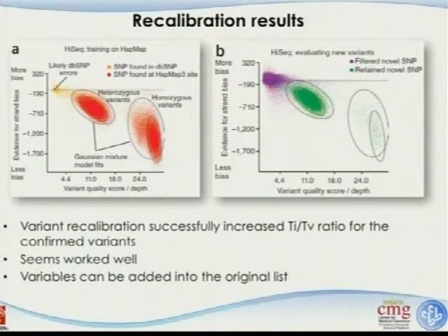The red ones are the SNPs found in the HapMap 3 project, and the yellow ones are in dbSNP. In dbSNP, we know there's a lot of junk. They really have these two bigger clusters: this one representing the heterozygous variants, and this cluster representing homozygous variants.